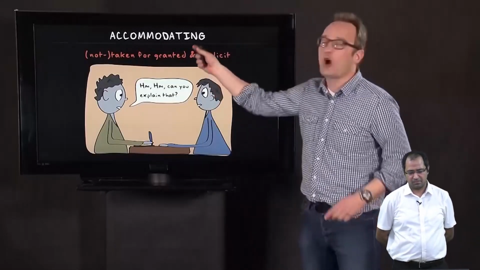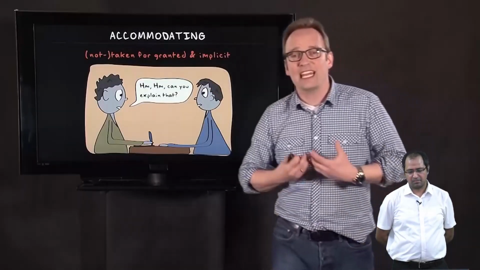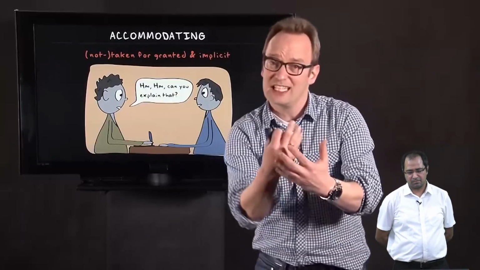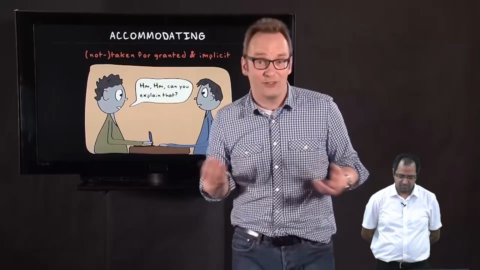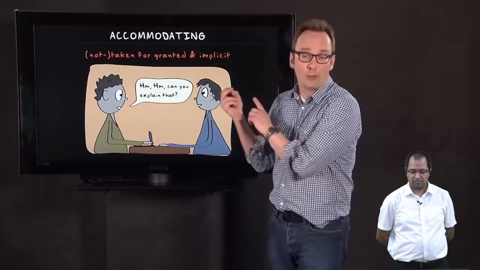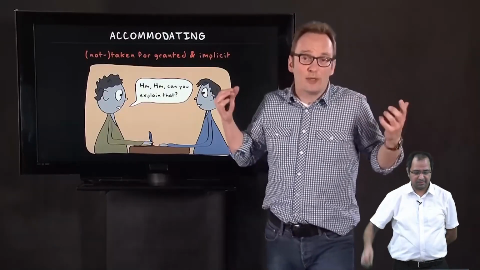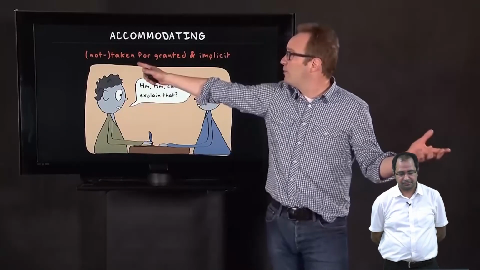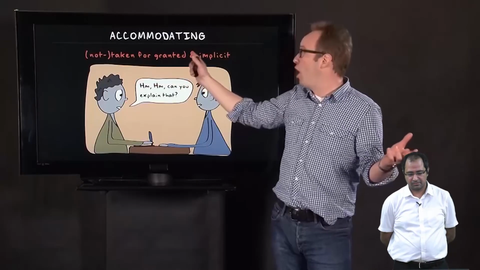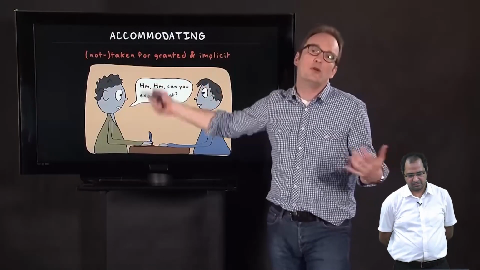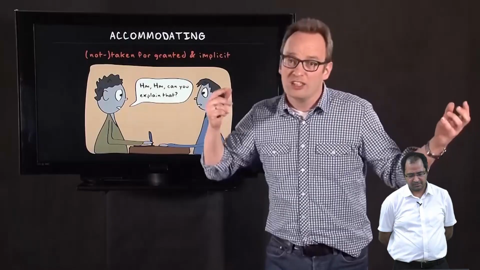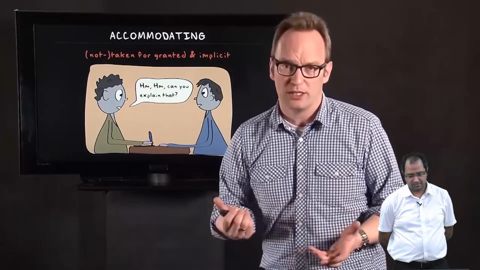The first is the accommodating tactic. The accommodating tactic is the tactic that is usually trained to novice interviewers. I was trained in an accommodating tactic while studying. And what does this accommodating tactic entail? Well, you are very implicit on whether you accept or not accept the answer of a respondent.